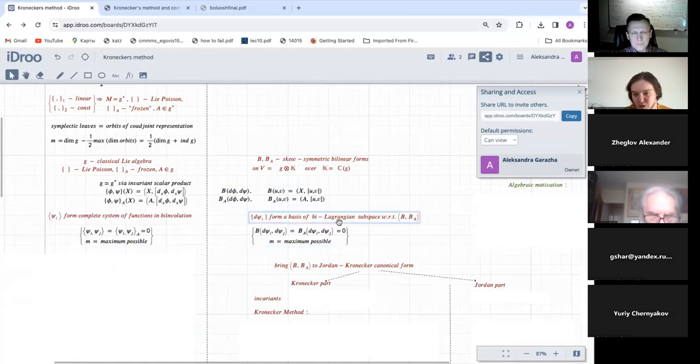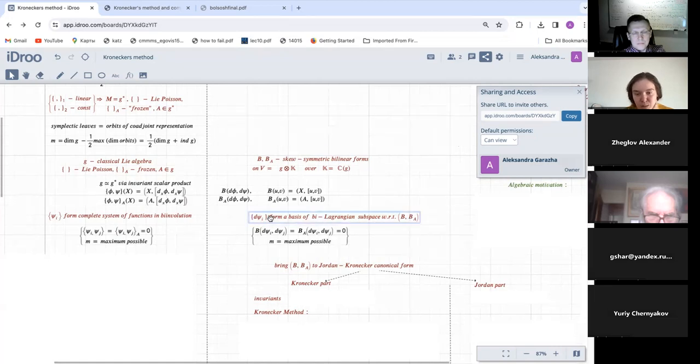Because it's just the definition of bi-Lagrangian subspace, so it should be isotropic with respect to both skew-symmetric forms, and it should have maximum possible dimension. So our goal is to take these two skew-symmetric bilinear forms and somehow find a basis of bi-Lagrangian subspace.